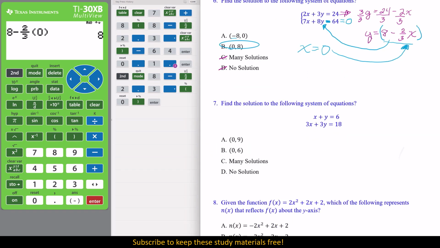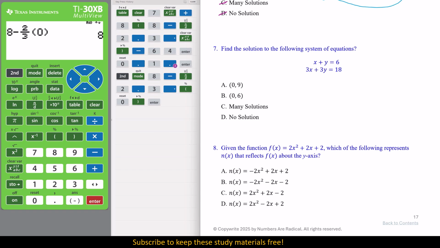Great. All right, let's go to number 7. Find the solution to the following system of equations. This one's not bad. Wait a minute. I'm saying it's not bad as far as solving, but do you see something highly suspicious? I do. If we divided this by 3, each term by 3, would we not have the first equation?